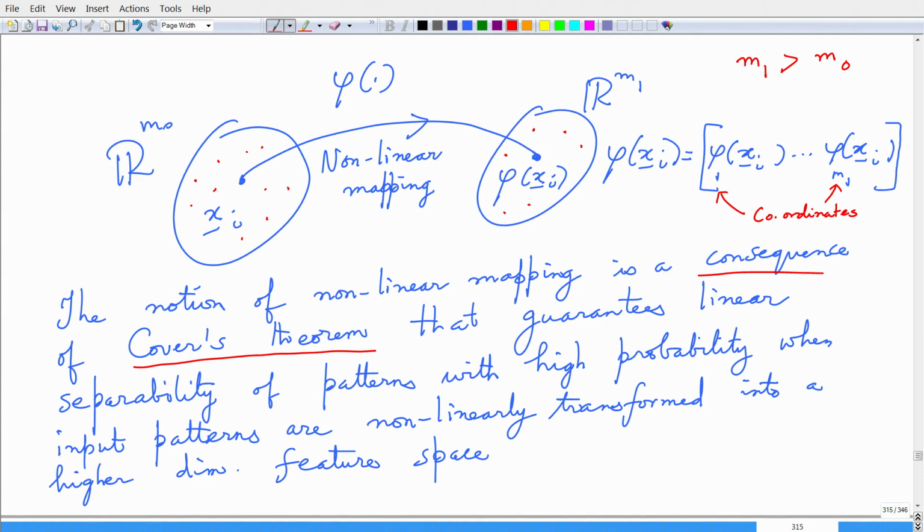When we go to a higher dimensional feature space using a non-linear transformation, with high probability we can guarantee linear separability of these patterns.